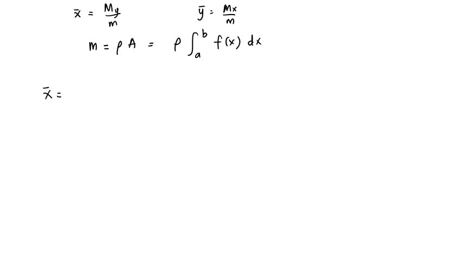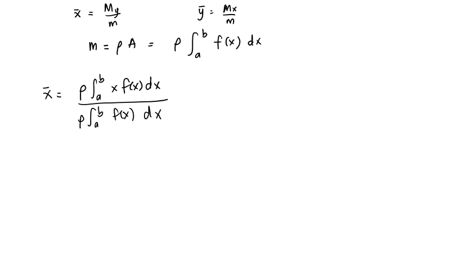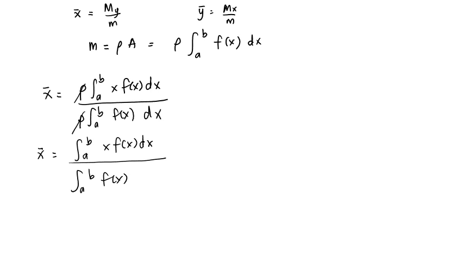So x bar is My/M. My is rho times the integral from a to b of x f(x) dx, divided by M, which is rho times the integral from a to b of f(x) dx. You can cancel out the density here, but please don't cancel out the f(x) dx here, because it doesn't work that way. So you end up with the integral from a to b of x f(x) dx divided by the integral from a to b of f(x) dx.